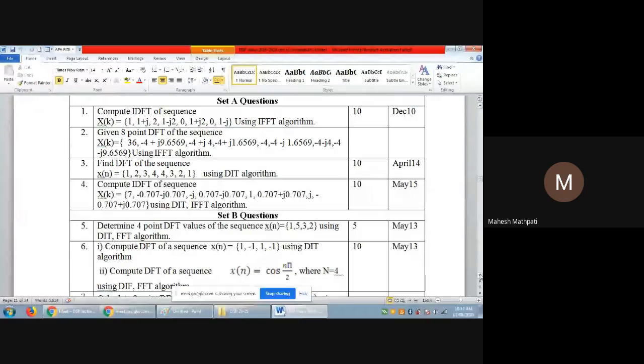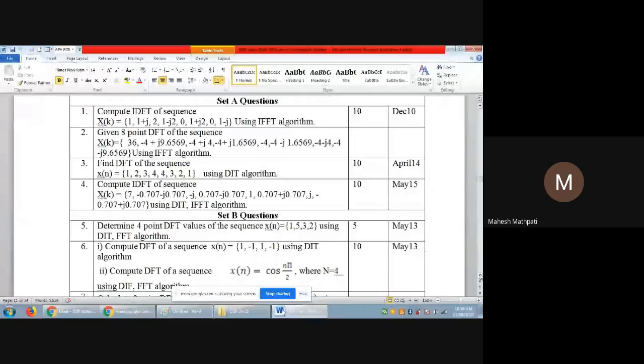What is the first question? Can anyone read it? Compute IDFT of sequence X of k equal to 1, 1 plus j2, 0, 1 minus j2, 0, 1 plus j2, 0, 1 minus j using IFFT algorithm.